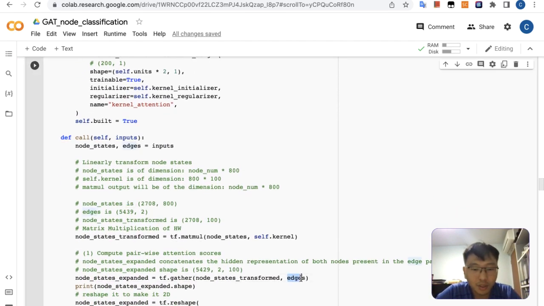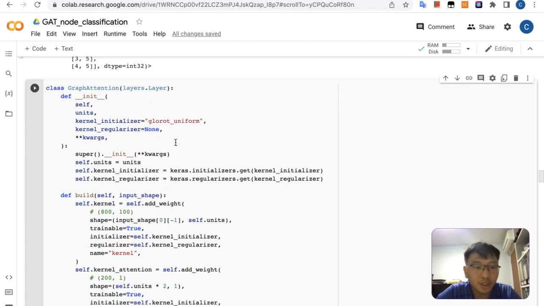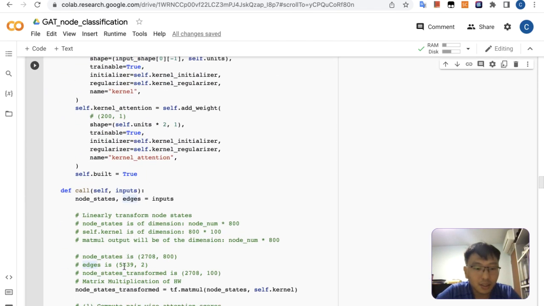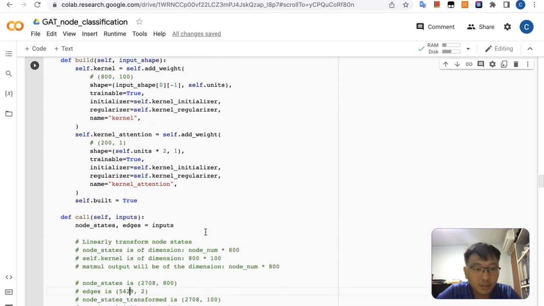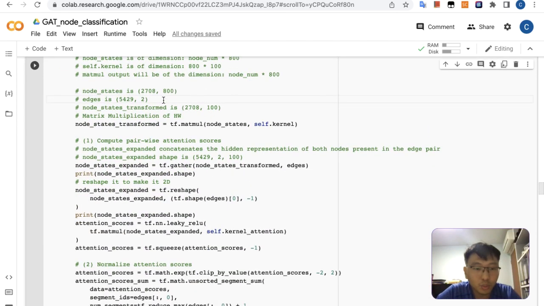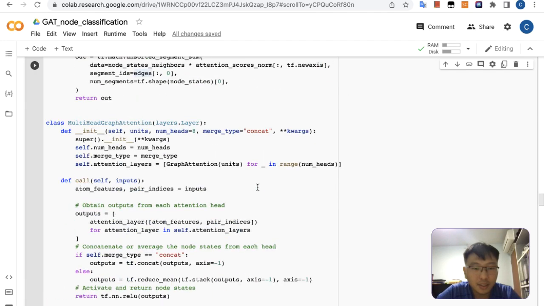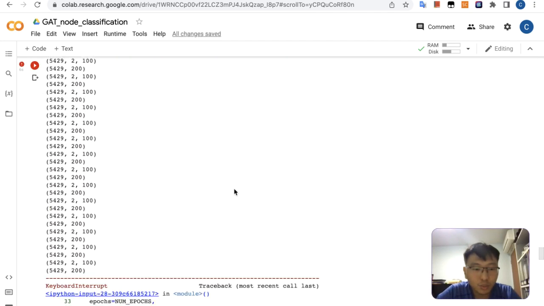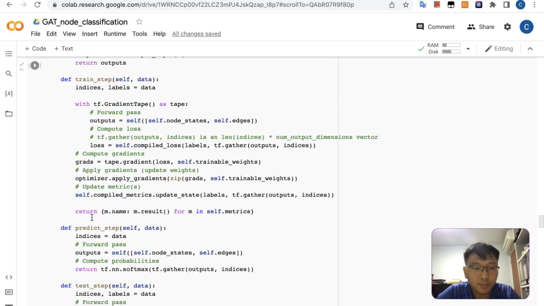So it depends on the edges dimension. The edges dimension is 5429 by 2. So we pass this down over here, and when we do the reshape, it should give us 200 over here.